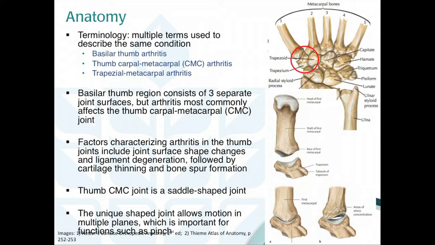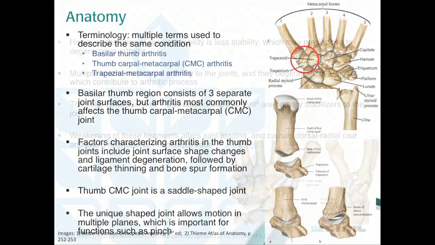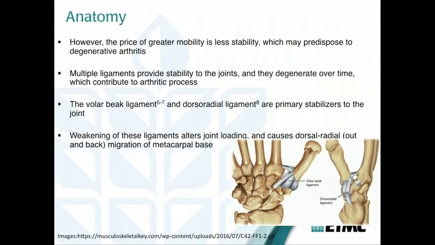But because there's a lot of motion in that joint, if you were to turn it 90 degrees, all of a sudden, this doesn't conform nearly as well compared to the picture on the left. And because of that, there's increased pressure along the joint surfaces, and this is what causes the arthritis. However, the price of greater mobility is less stability, which can predispose to arthritis in that area.